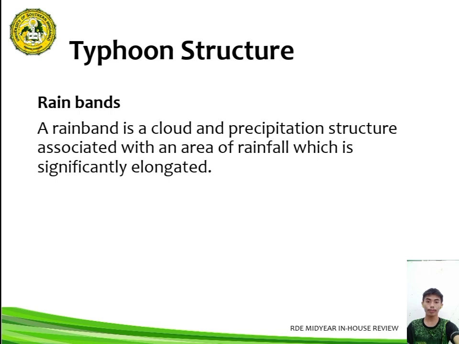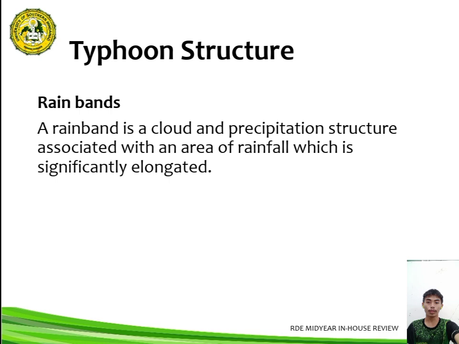However, radar can be used for this purpose. So rain bands are the curved bands of cloud and thunderstorms that trail away spirally from the eye wall and are capable of producing heavy bursts of rain, wind, thunderstorms, and so on.